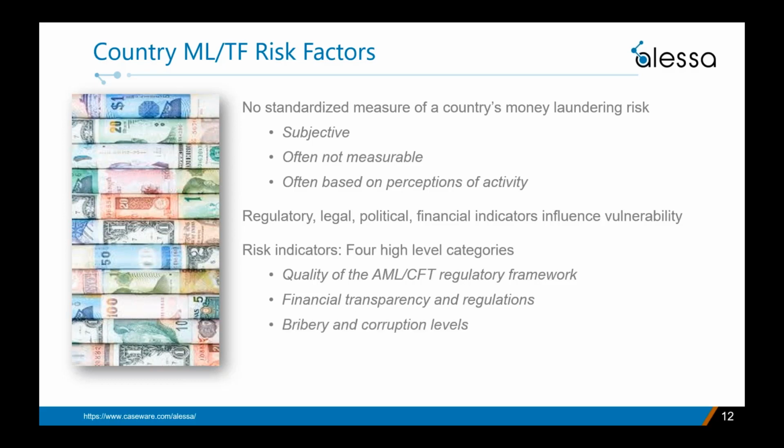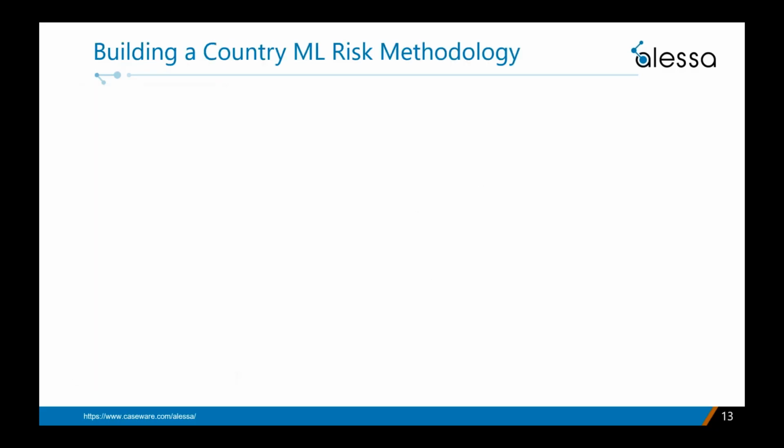Second, a country's degree of financial transparency and regulatory standards around it. Third, the level of bribery and corruption within a country. And last but not least, a country's involvement in or support of sanctioned activities, such as illegal narcotics production, support of terrorism, or human rights abuses, for example. And we'll go into each of these in more detail next, along with available data sources.